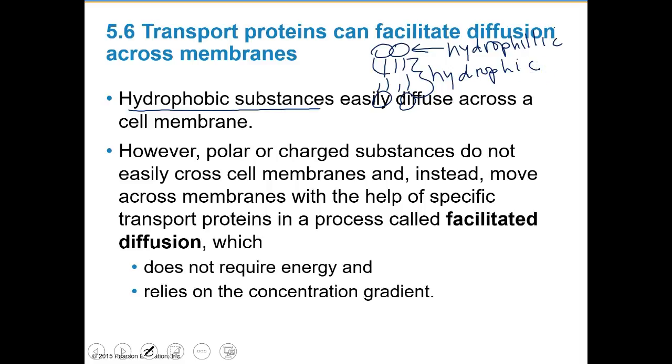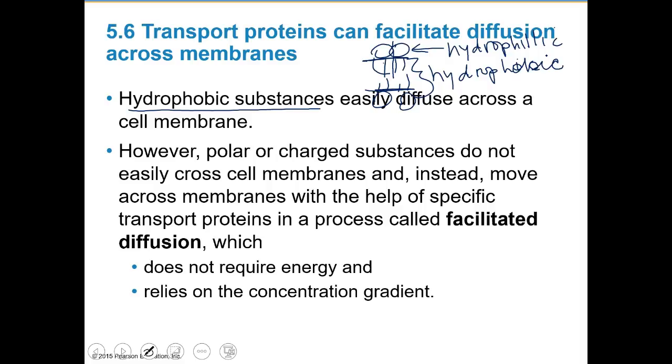So it's really easy for other things to slip through there because it's going to get along with this area that's hydrophobic. Those are those hydrophobic little fatty tails. So hydrophobic things make it through the membrane quite easily. However, polar or charged substances can't get through that because it's hydrophobic. I just realized phobic. There you go.